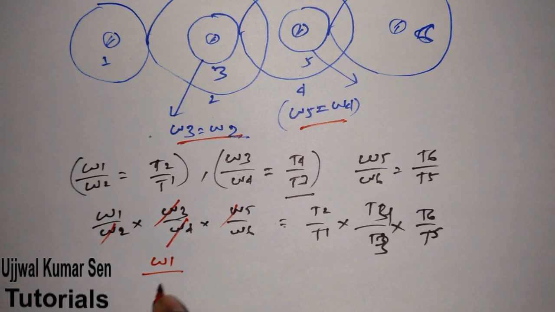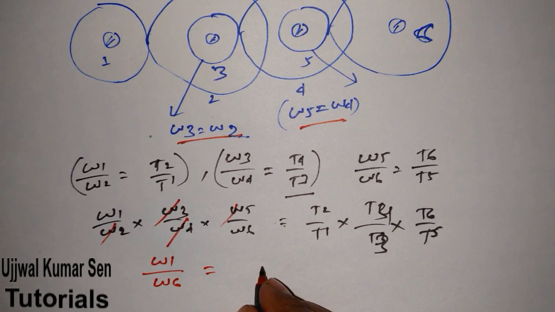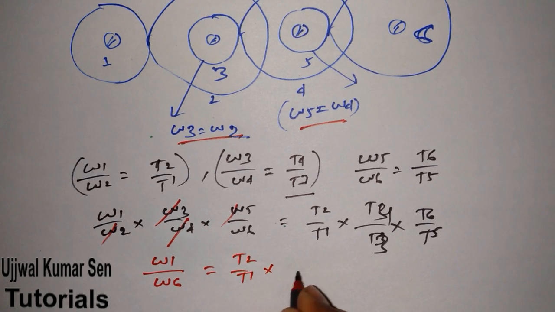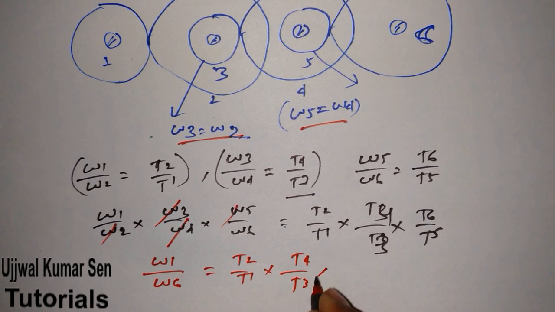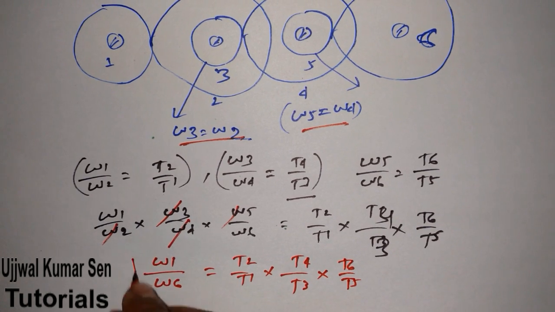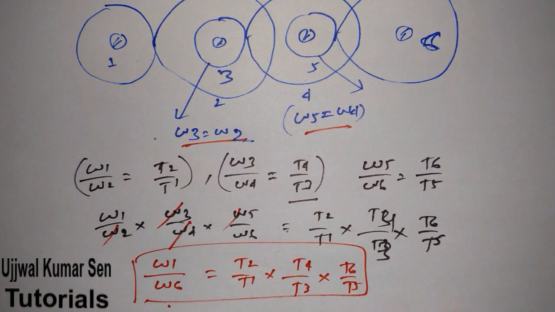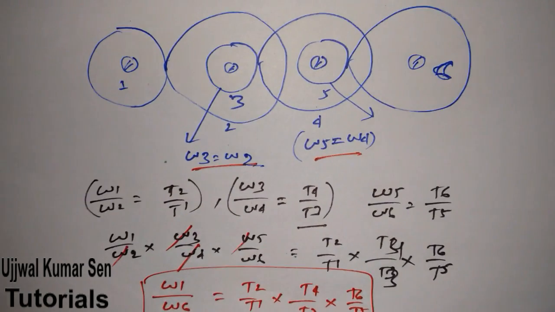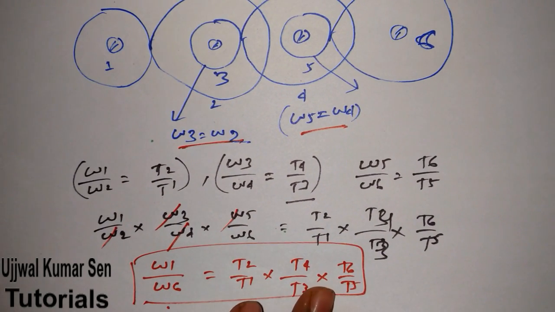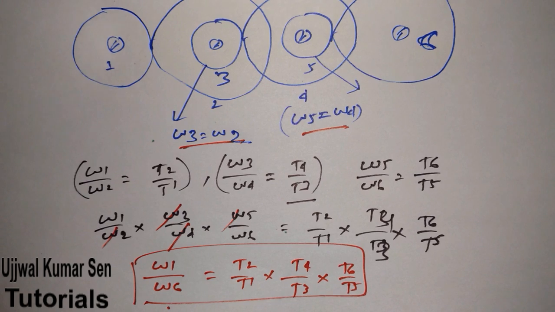So basically omega 1 by omega 6 is equal to T2 by T1 times T4 by T3 times T6 by T5. This is the relation we got for a compound gear train, so don't forget that.